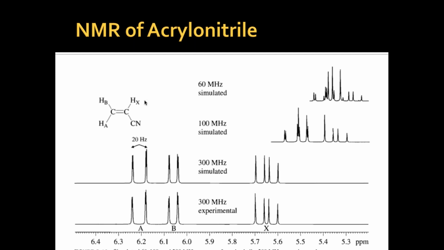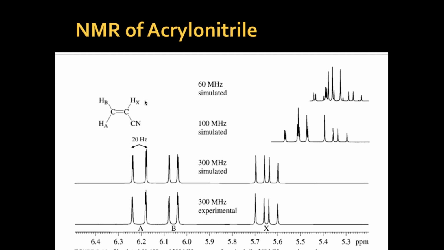Proton NMR shows up from 0 to 14 ppm. All the proton peaks are between 0 to 14. But in carbon NMR, it goes from 0 to 250 or something, 0 to 220.